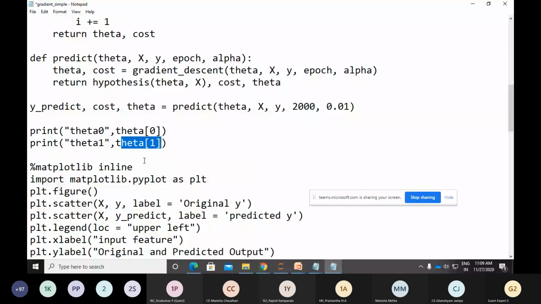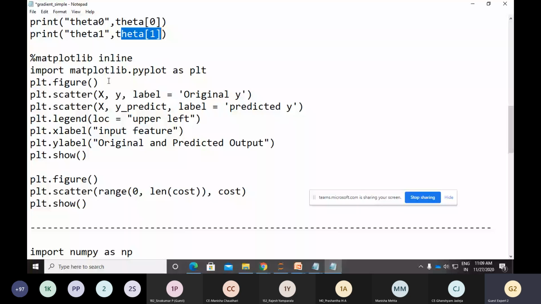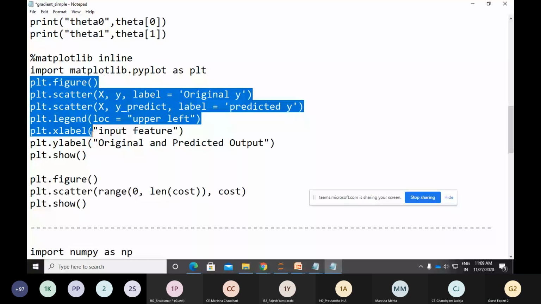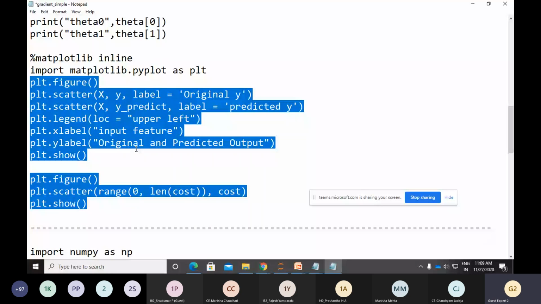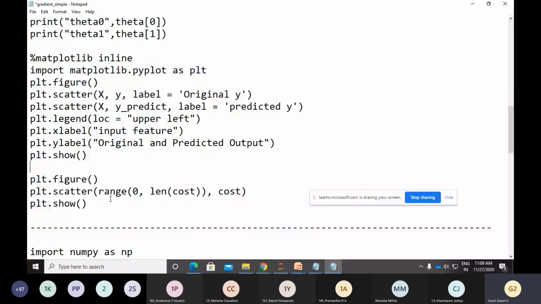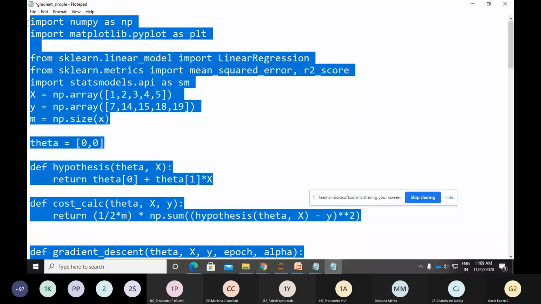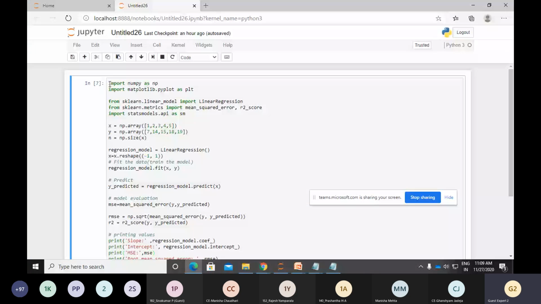This is the code which plots the actual x, y and the predicted x, y. So I'll run this code. In this program, I'm just estimating the value of theta 0 and theta 1 using gradient descent.